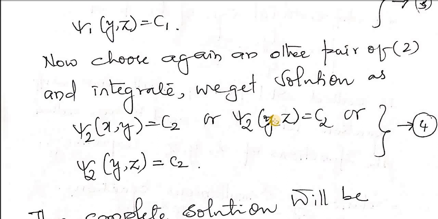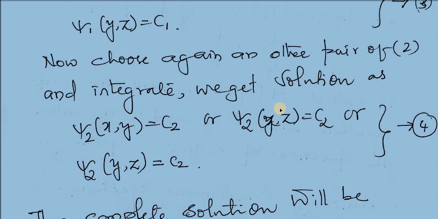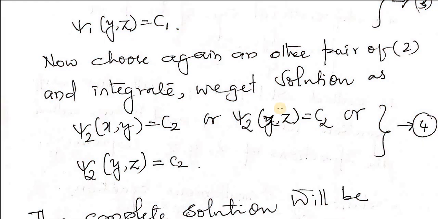Suppose in the first case we chose the first and last ratio, we should not take that same pair because we will get the same solution, right? So we have to choose a pair that was not chosen in the first integration scheme. So now I have to choose another pair, and the second solution will be any one of these forms.